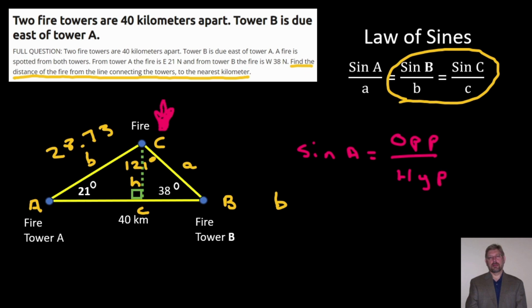So that tells me that the sine of 21 degrees is equal to h, what we're looking for, that's the opposite side, over 28.73 kilometers.